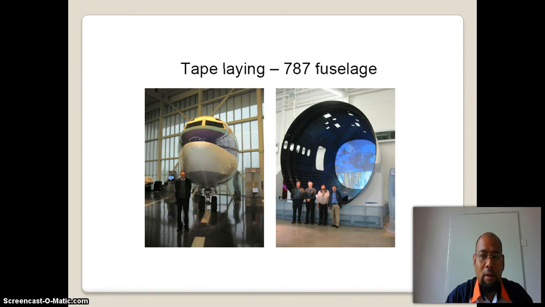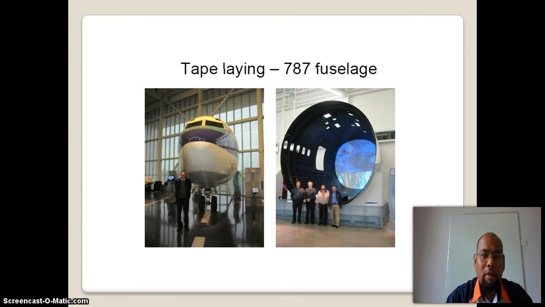The latest method of constructing the fuselage of the aircraft is also by using one of the composite material processes or techniques, which we call tape laying. Basically, you have a mold, and then you lay a tape.